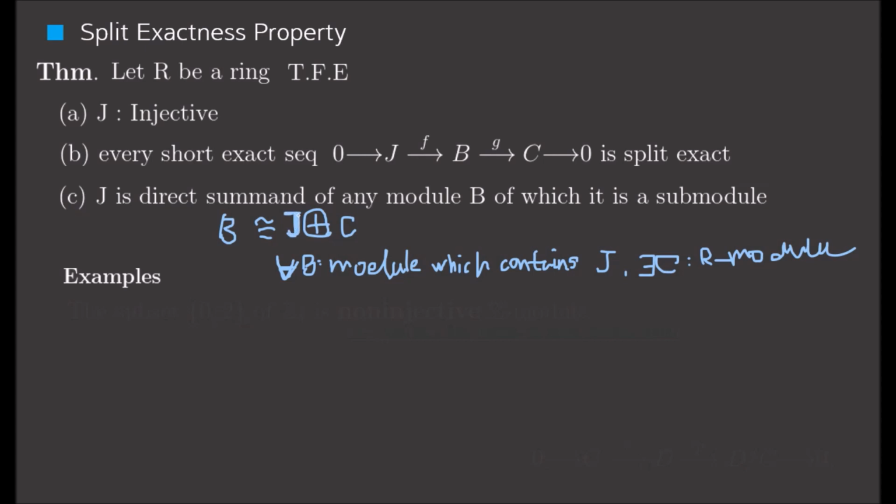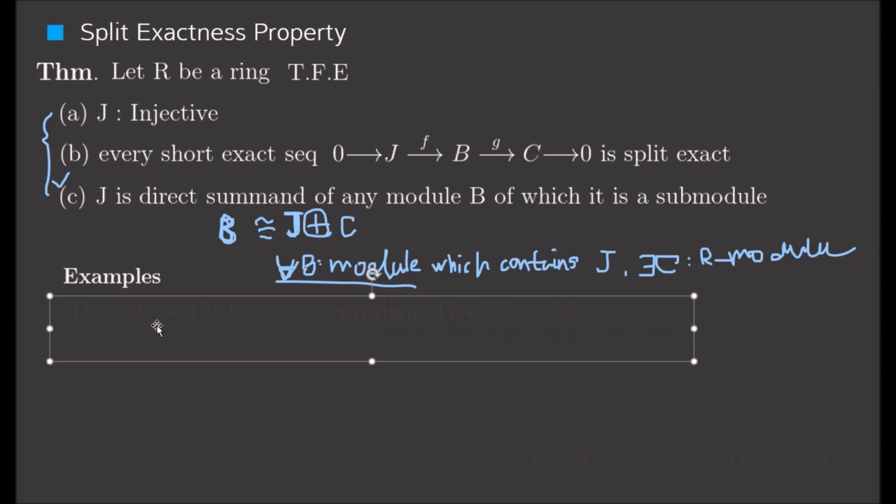So in this case, statement C is a little difficult because we have to find every module. However, this statement is useful to show that a module is not injective.